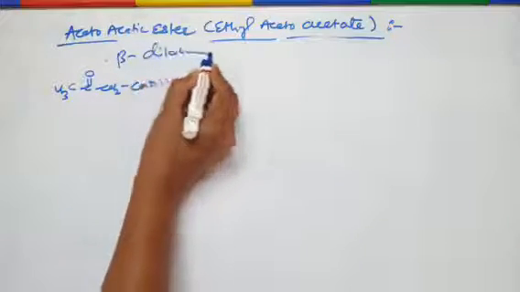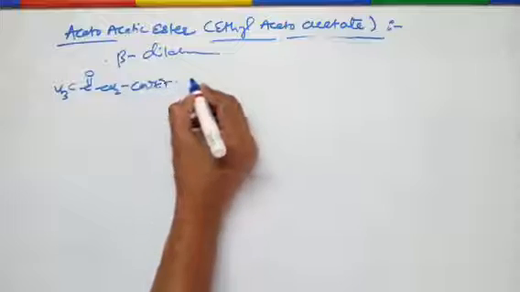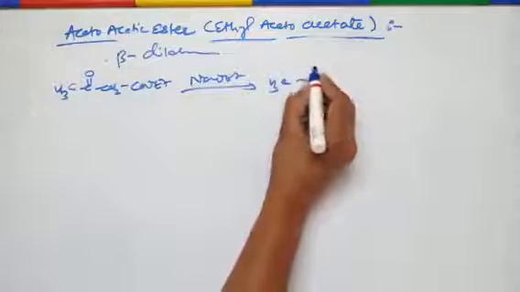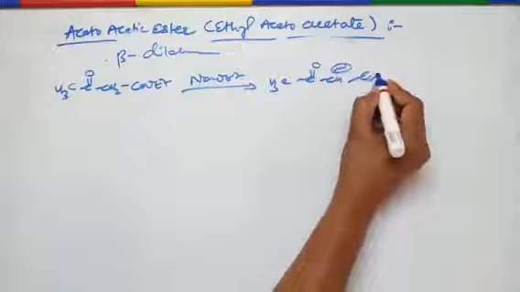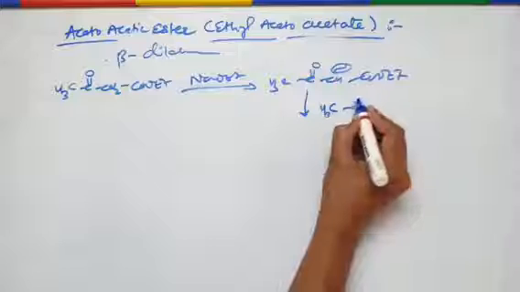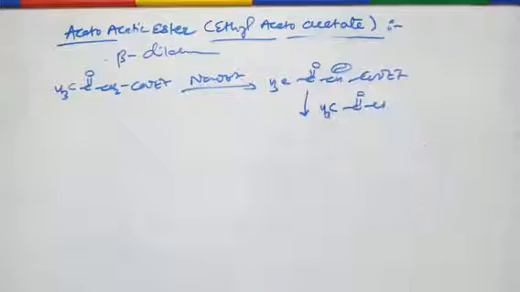So here the first step is again the same: you have to generate the carbanion, and that carbanion you have to treat with the acid chloride. For example, here acetyl chloride is there.